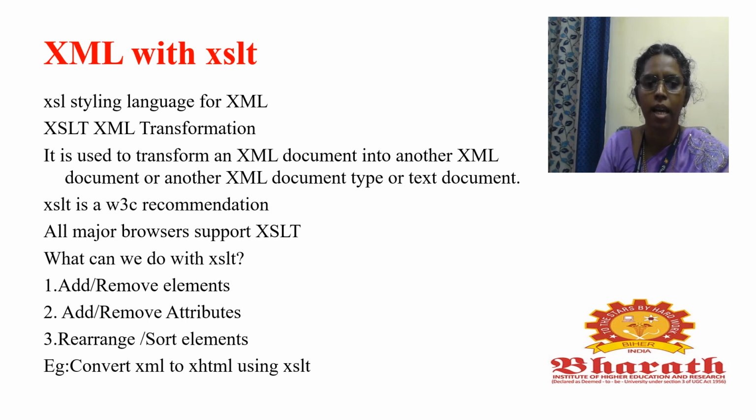Similarly, we can easily add or remove the attributes or sort the elements. One example of this XSLT is we can easily convert this XML to XHTML, that is a dynamic XHTML program. So this XML with XSLT is used to convert any XML program to some other document.